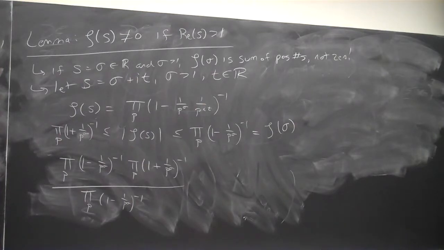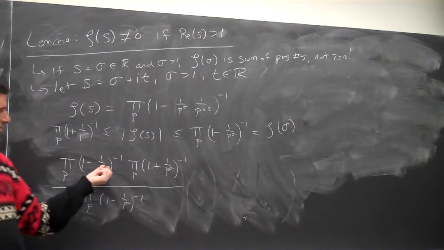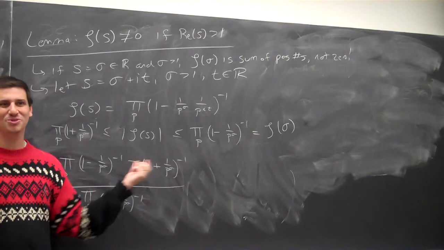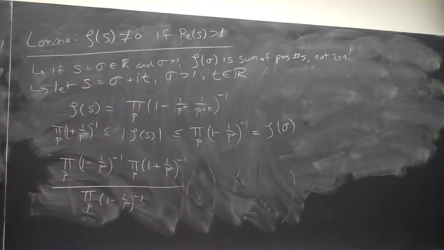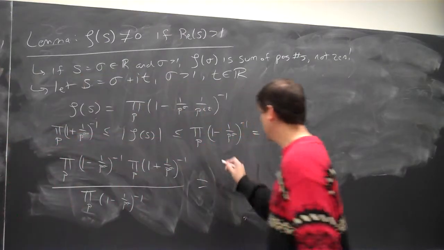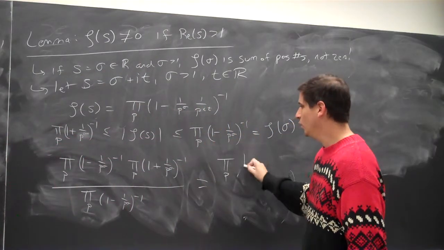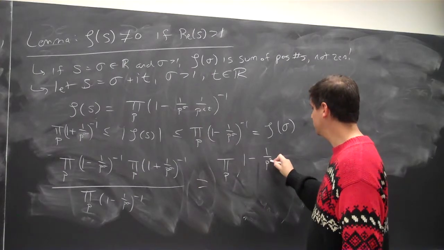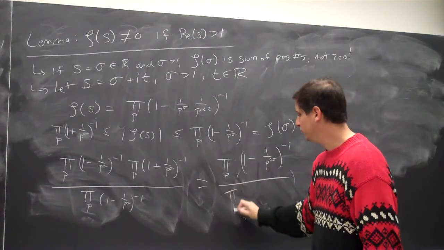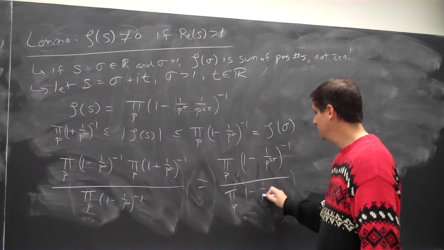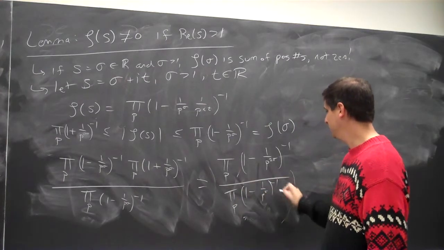Why do I want to do this? Well, if I take 1 minus and 1 plus, what happens when I multiply them together? Magic. Magic in what sense? What do we get? Cancellation. The cross terms go away, and we get the product over p, 1 minus 1 over p to the 2 sigma inverse, divided by the product over p of 1 minus 1 over p to the sigma inverse.